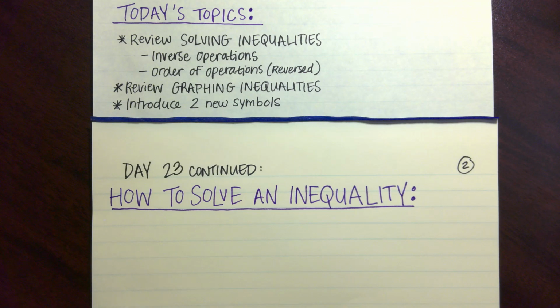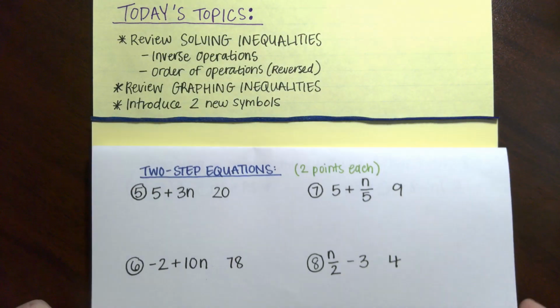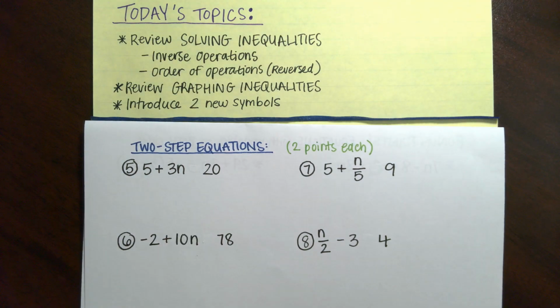So for these inequalities here, I'm going to pull out some questions from the last quiz we just took, and as you see I whited out the equal signs and we're just going to put new signs in and use those problems. So let me get a Sharpie.